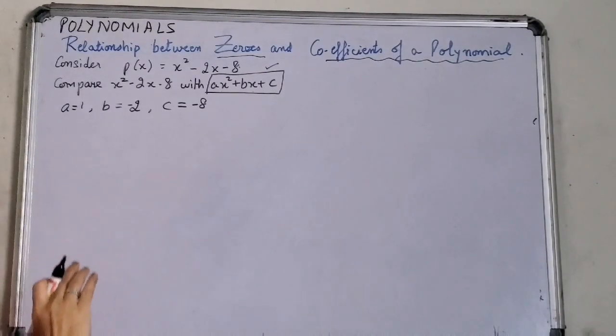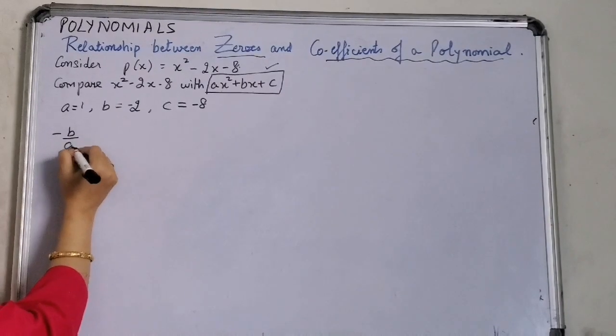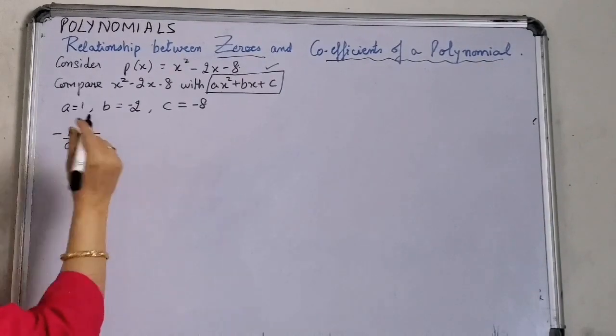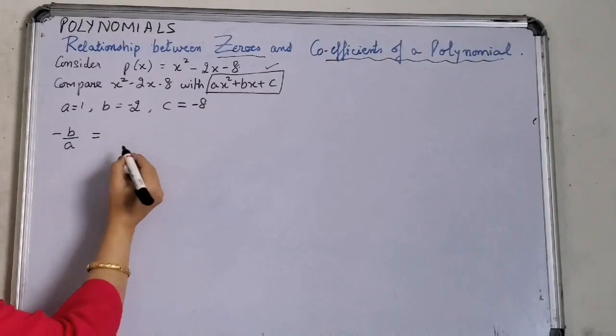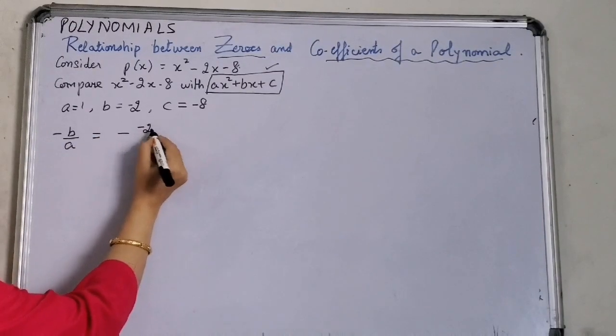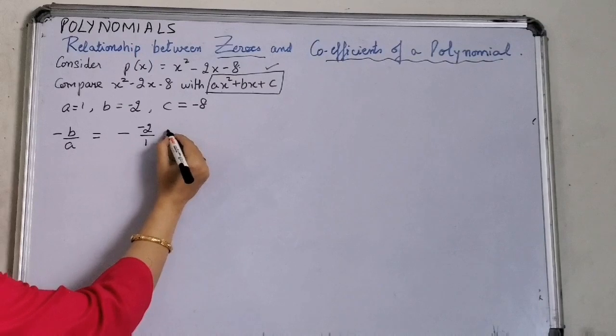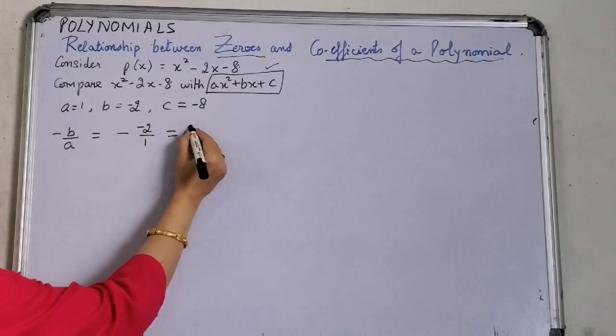After this, take out the value of minus b upon a. If a question comes to mind as to why I am saying this, you will get the result in a few minutes. The value of minus b upon a will be, this minus stays in its place, in place of b comes minus 2, and a is 1. So we sort it out. Minus into minus is plus, so minus b upon a is just 2.